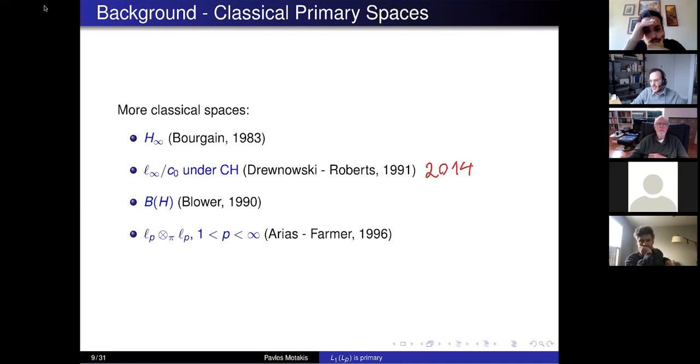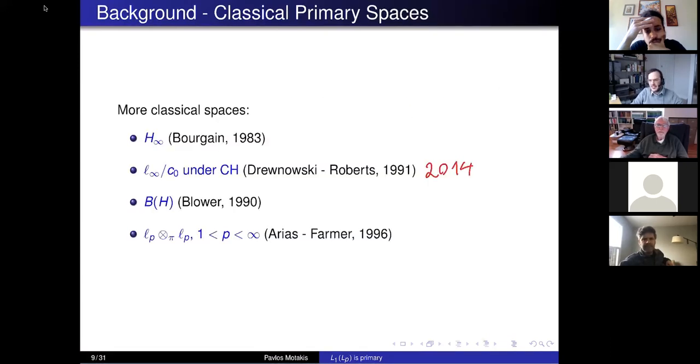Therefore, it is still unknown in ZFC whether this quotient is primary or not, or whether this is independent. And since we're in the operator algebra seminar, the bounded operators on a Hilbert space have been proved to be primary. And in related spaces, the projective tensor product of L_p with L_p and some other cases were proved to be primary, and projective and injective tensor products were proved to be primary by Arias and Farmer.